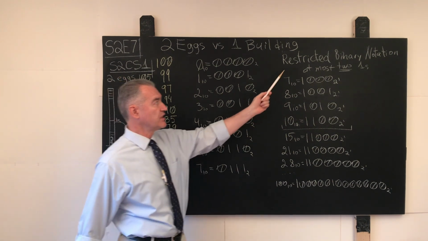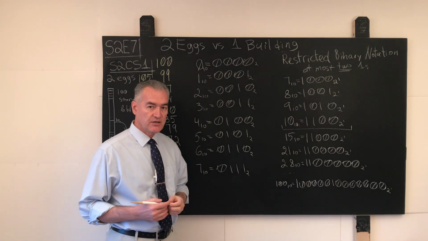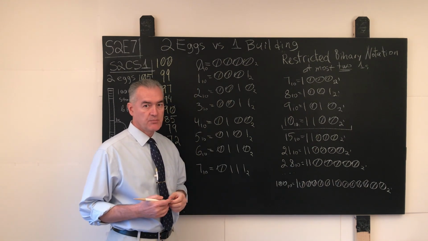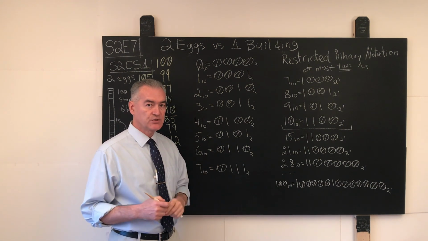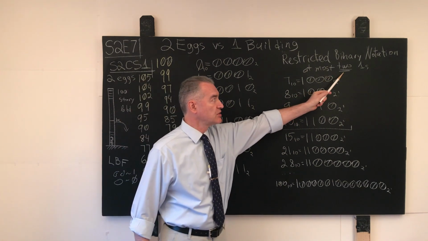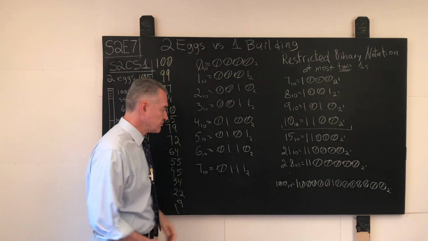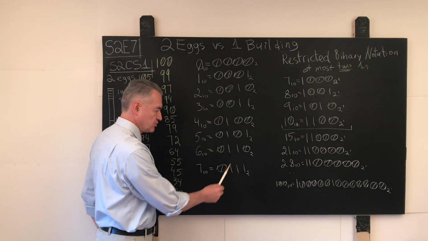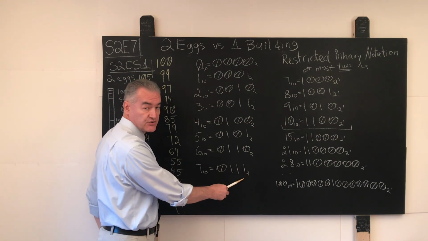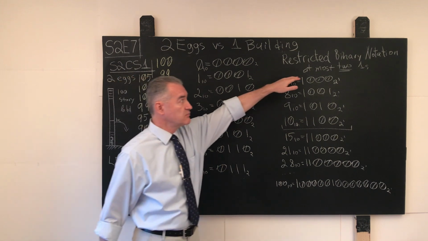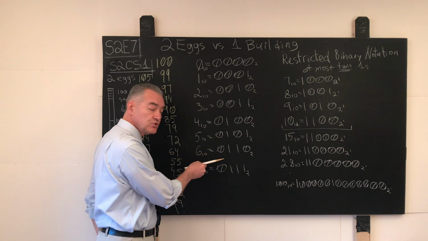I refer to this as restricted binary notation, precisely because in it we still write the representation of this or that number in binary, but we restrict ourselves to at most 2 ones. And this is where the difference comes in. When we go from 6 to 7, in the traditional binary notation, we have no problem slugging in an extra 1. But in the restricted binary notation, we cannot do that because we are limited to at most 2 ones.